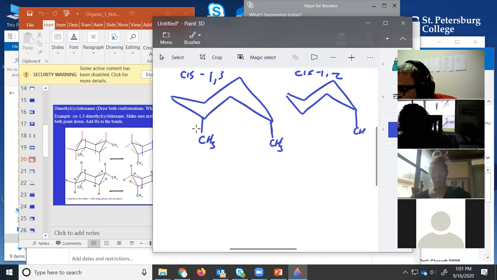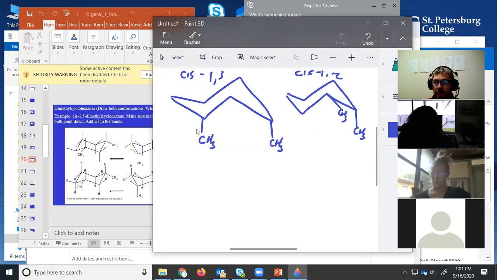So the methyl group sticks down, and the other methyl group also sticks down, but it's going to be equatorial. In cis 1, 3 they're both axial, but in cis 1, 2, one would be axial and one would be equatorial.